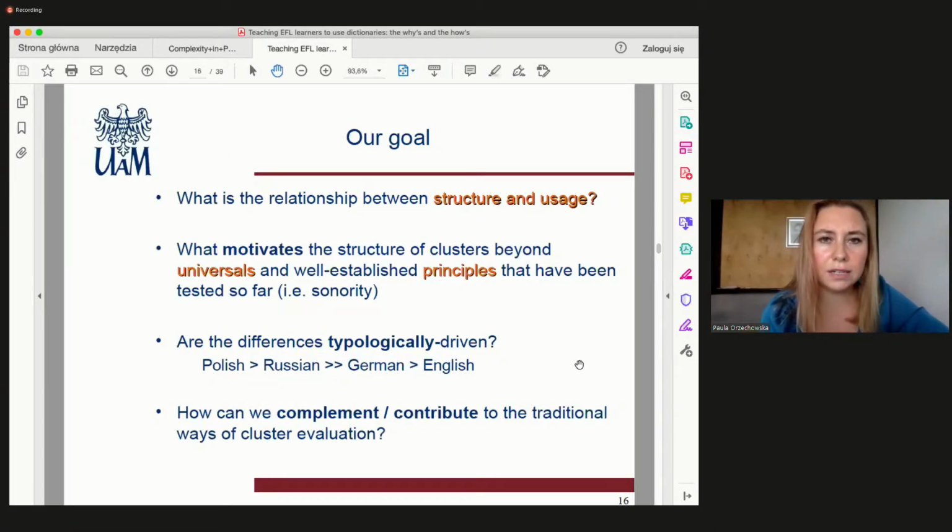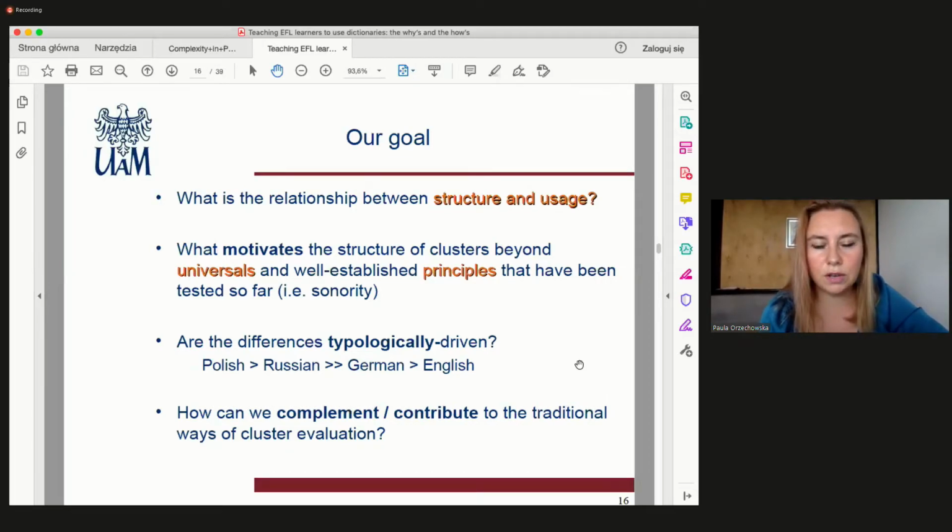Okay, so the goal of the several analyses I'll report on is to examine the relationship between structure and usage, and also to find, if possible, parameters which are responsible for cluster complexity and which can be related to frequency, which are not necessarily related to sonority.